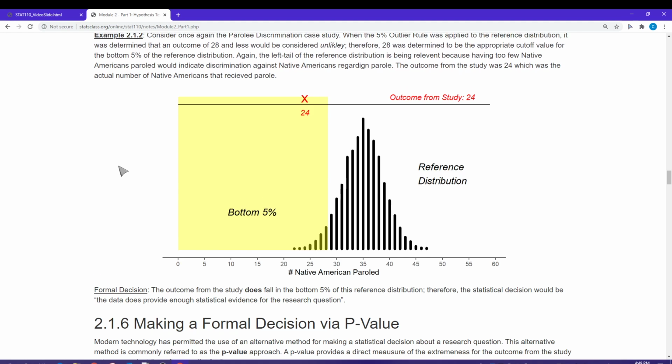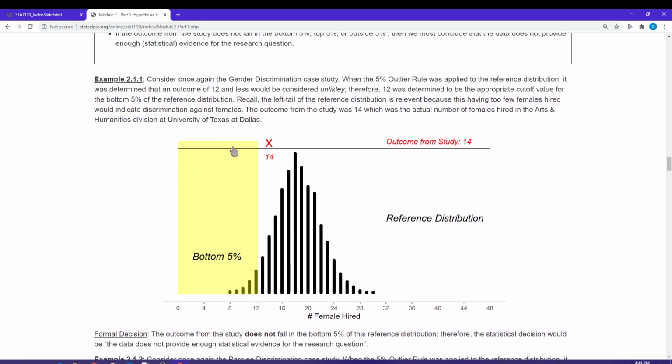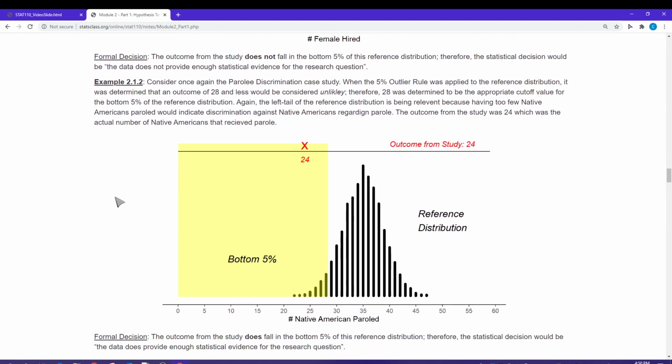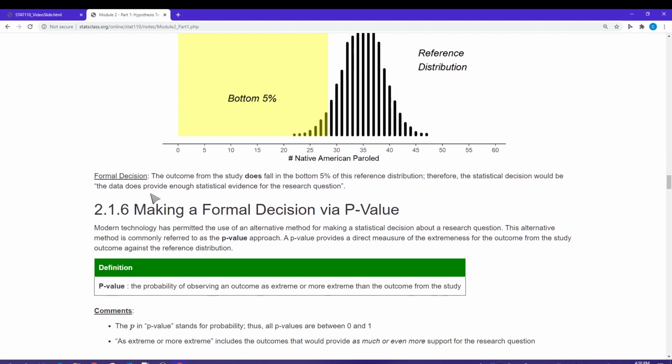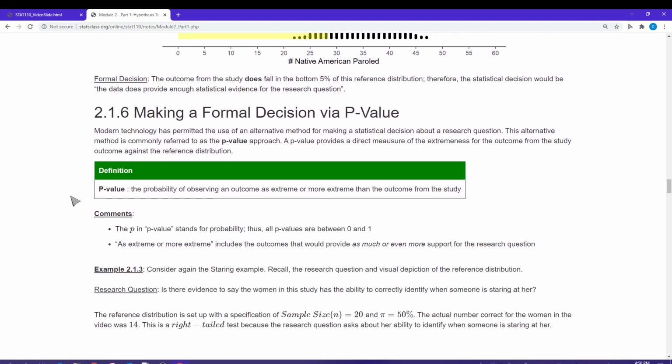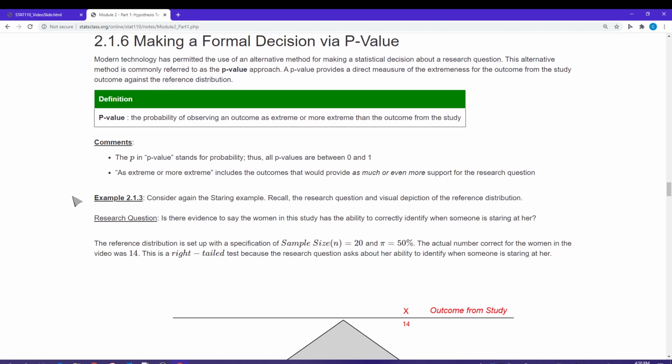Now, that approach requires that we identify what the value is in the reference distribution to be unlikely. And we can circumvent that step, or make that step a little bit shorter, by using what is called the p-value. So what is the p-value? It is simply the probability of observing an outcome as extreme or more extreme than the outcome from our study.